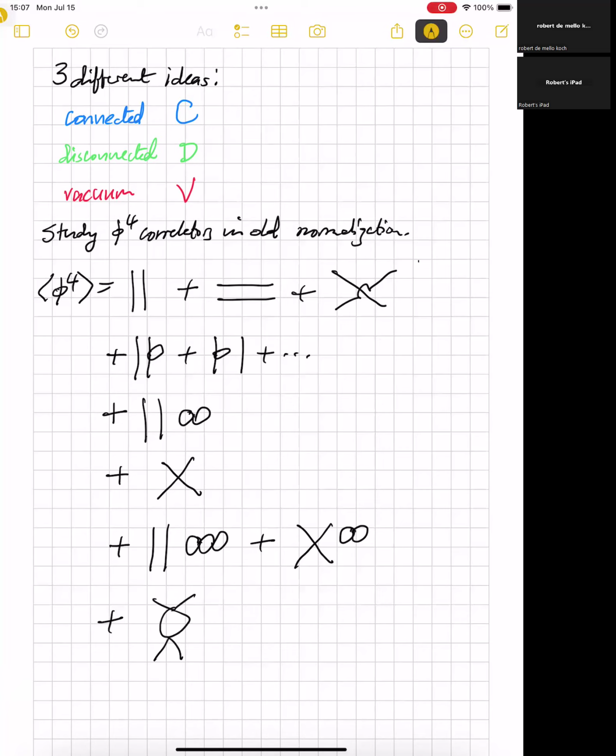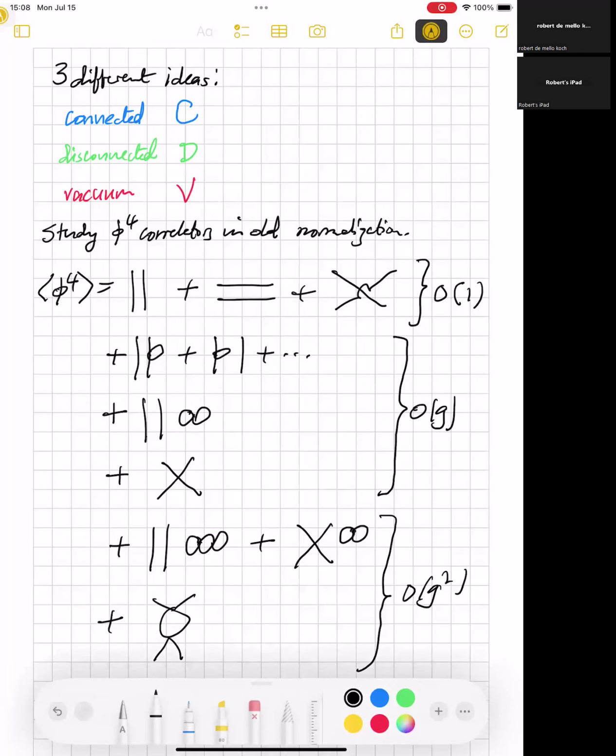So this first line here is order 1, g to the naught. These lines over here are order g. These lines over here are order g squared. I'm not drawing all diagrams, and so it would continue.